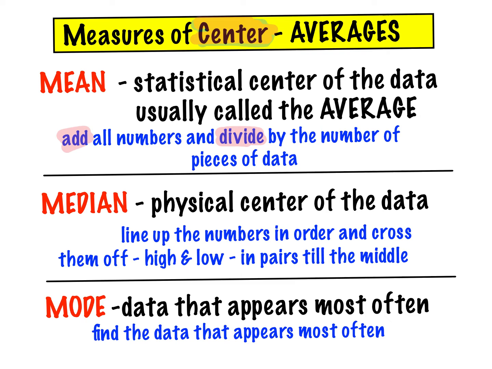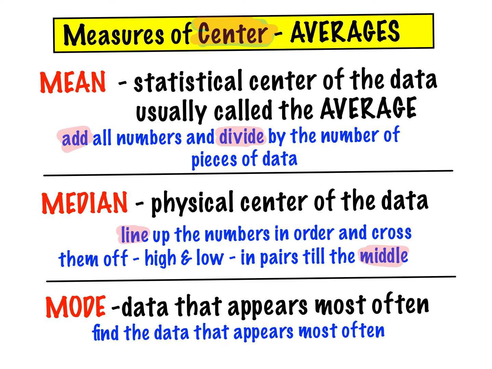Okay, the median is the physical center of the data. So in order to find the median, you're going to line up the numbers in order and cross them off high and low in pairs until you reach the middle. So for the median, I would take all of your scores and I would put them in order numerically. 8, 12, 12, 13, 15, 15, 17, 18, 18, 18, 21, 23, 23, 23, whatever, list them all in order.